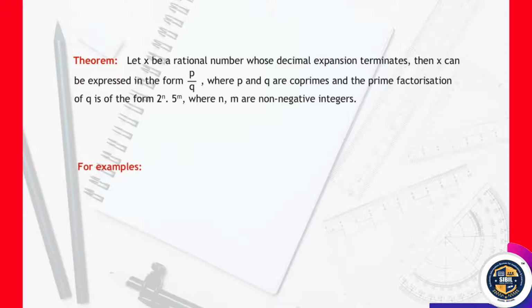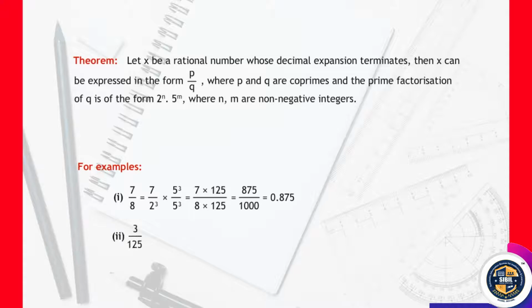For example, first, 7 by 8 is equal to 7 by 2 raised to the power 3, into 5 raised to the power 3 by 5 raised to the power 3, is equal to 7 into 125 by 8 into 125, is equal to 875 by 1000, is equal to 0.875.